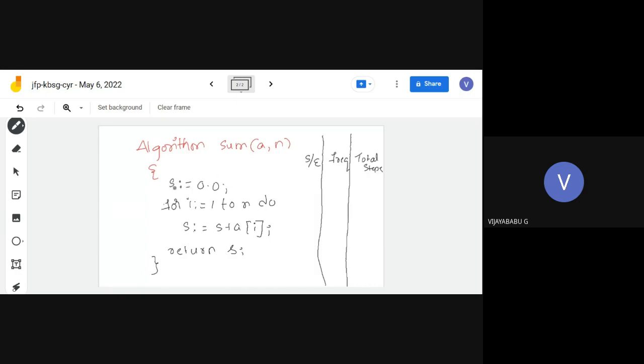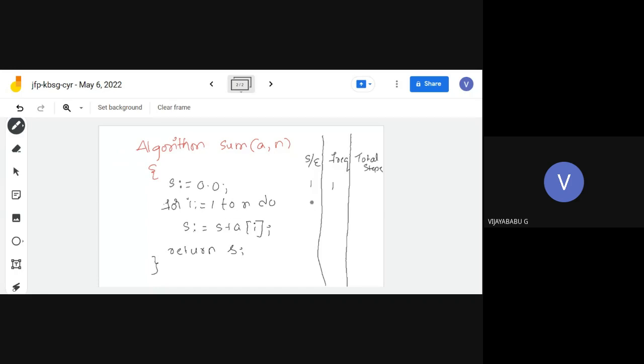So here, how many statements are there? One statement. How many times is it going to execute? It is going to execute one time. Whereas for the first statement, for i is equal to 1 to n, how many steps are there?